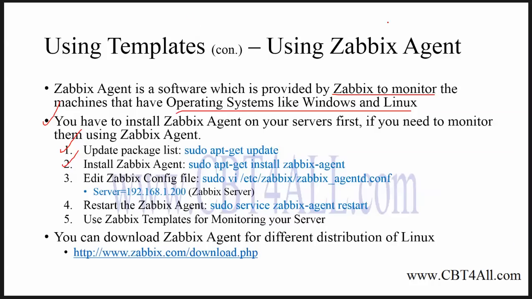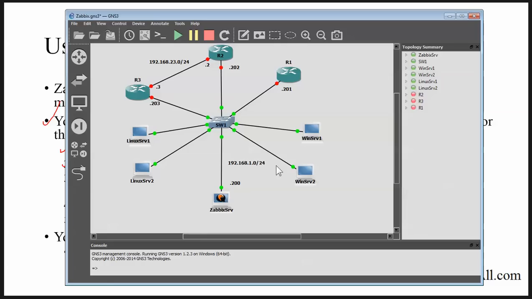Okay, what do we have here now? Let me open our scenario here. We have the Zabbix server here with this IP address, and this is Linux server 1, and we want to monitor this machine based on Zabbix Agent. We have already installed the Zabbix Agent on this machine, and we should say, hey Zabbix Agent, this is your server, send your monitoring data to this machine.